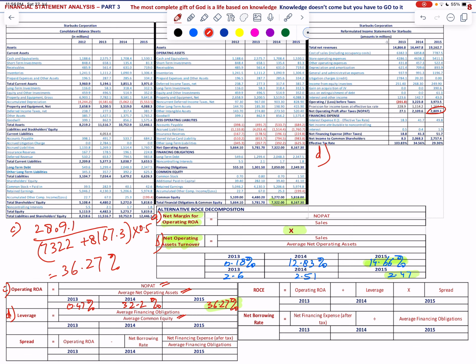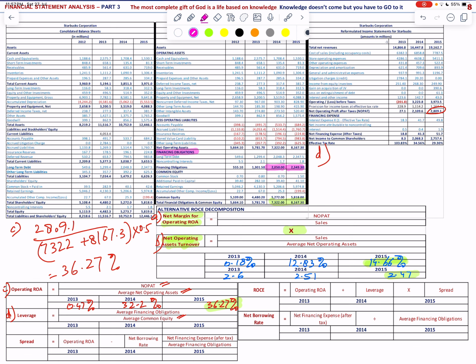Now for leverage, this is average financing obligations, and here they are talking about financing obligations. So where is the financing obligations? Over here we have the obligations, 2050 and 2349.